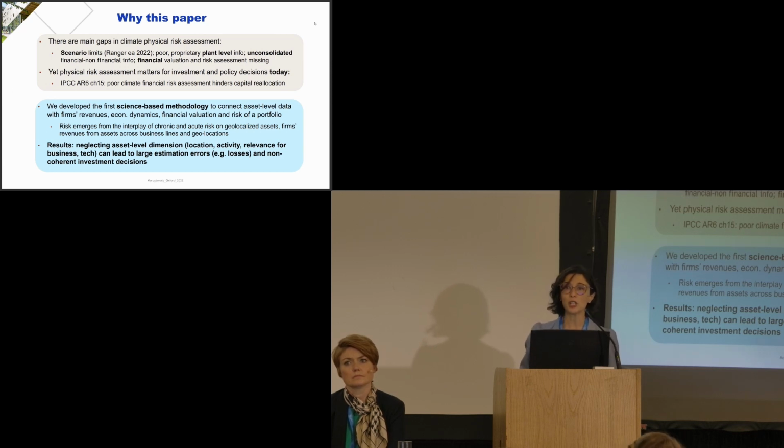Another major issue is the need for consolidated financial and non-financial information at asset level. And what's still missing also is the translation of asset level shocks into adjustment in financial valuation of the securities related to the assets and financial risk assessment, so metrics of risk for the portfolio of the investor, like climate value at risk or the expected shortfall.